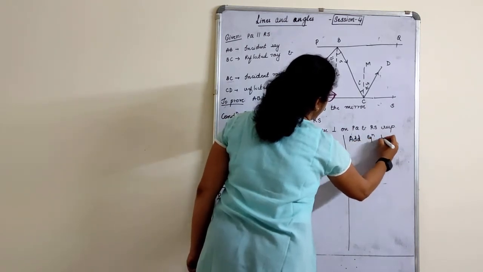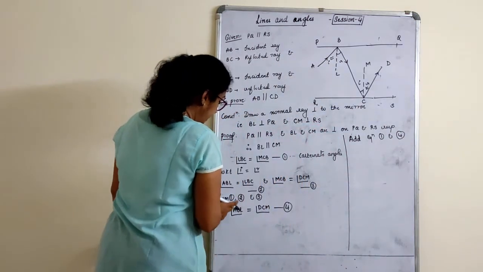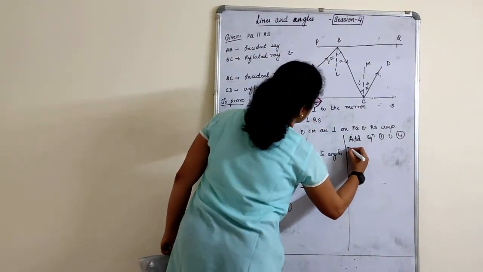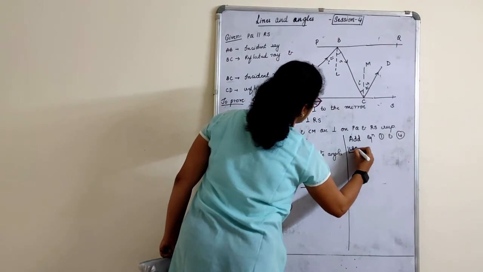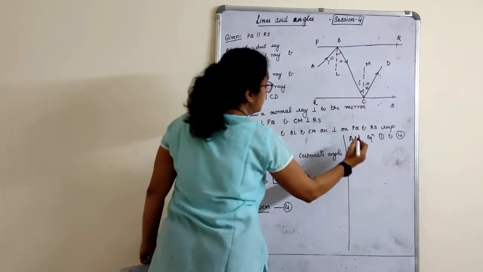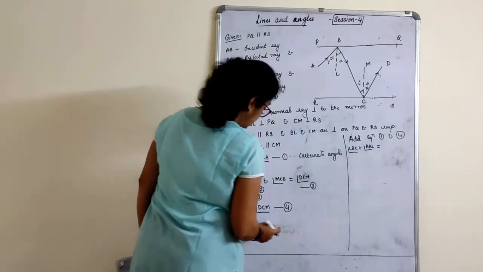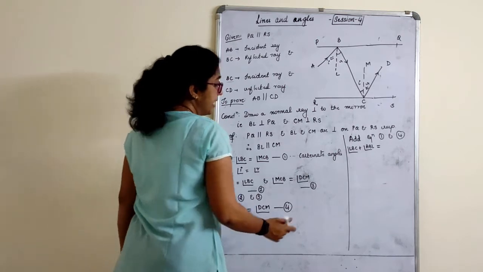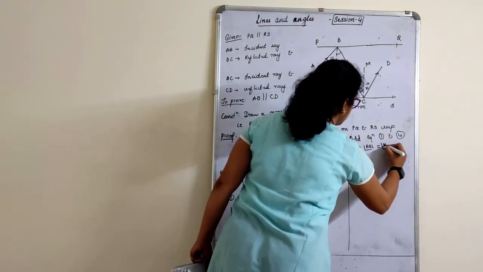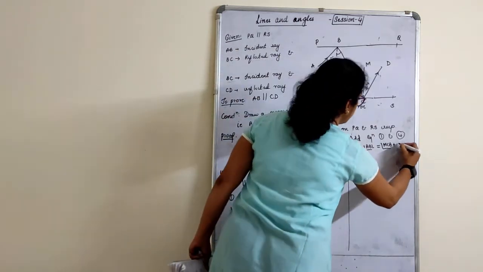Angle LBC plus angle ABL is equal to angle MCB plus angle DCM.